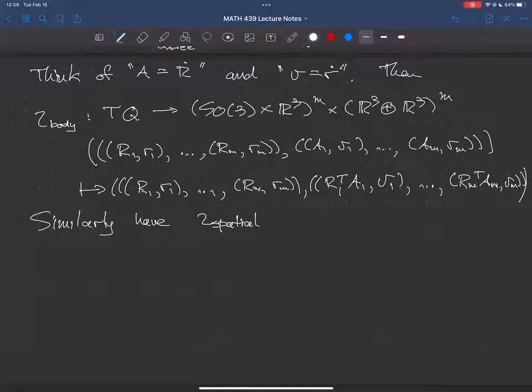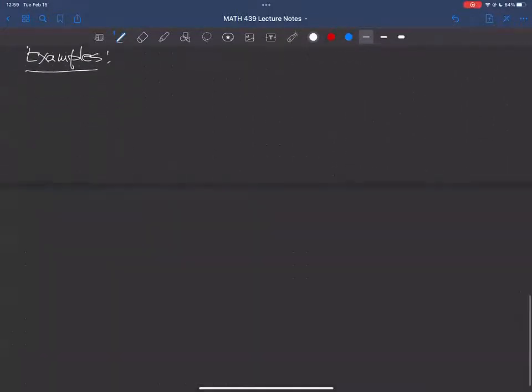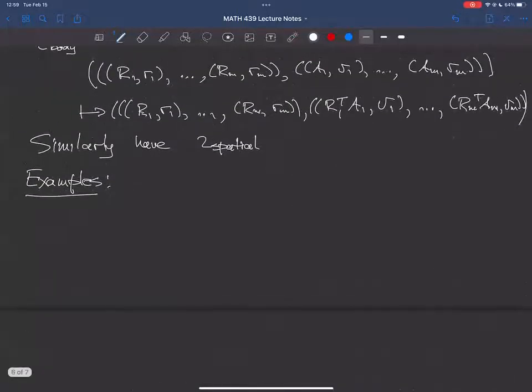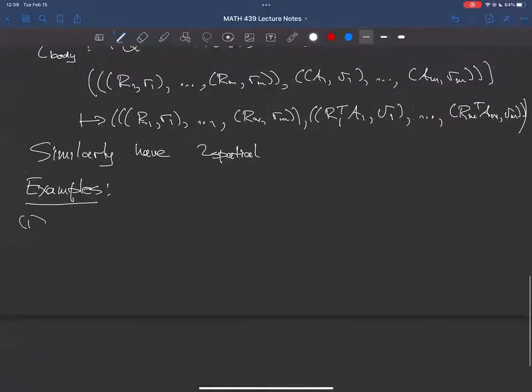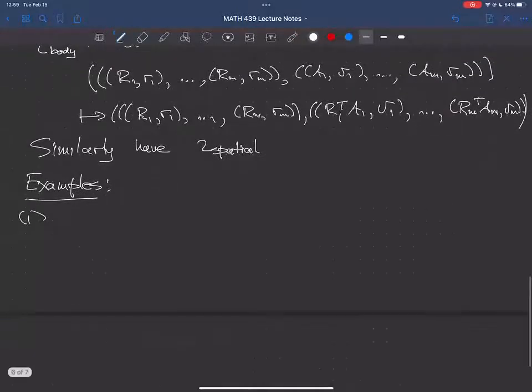Okay, so let's look at some examples. As you'll see, this is very, very simple. Let's look at the examples that we've looked at. It's the planar rigid body.